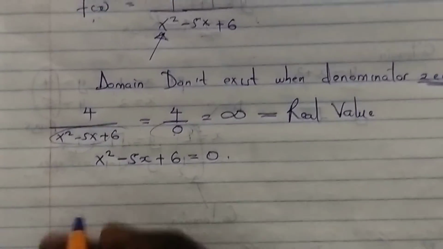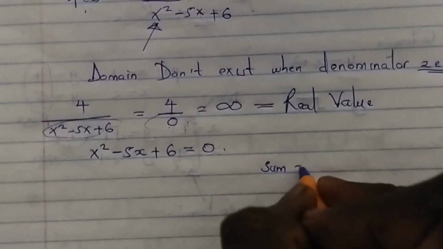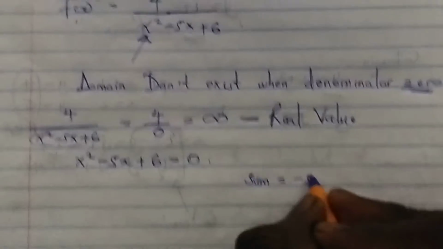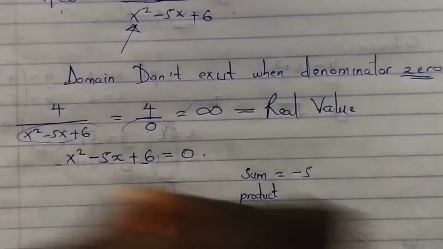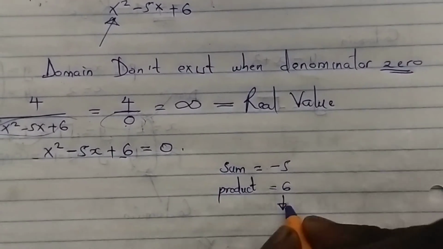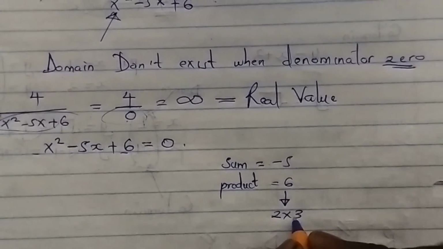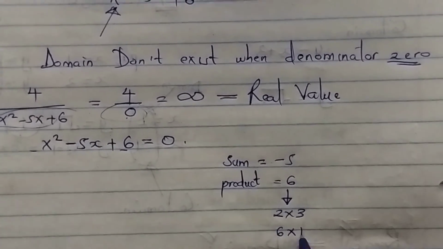But now this one, what we are going to use is the factorization method, and the sum for this case is going to be -5. The product is going to be 6 times 1, which is 6. The numbers that can give you 6 are 2 by 3, and also another pair that can give you 6 is 6 by 1.